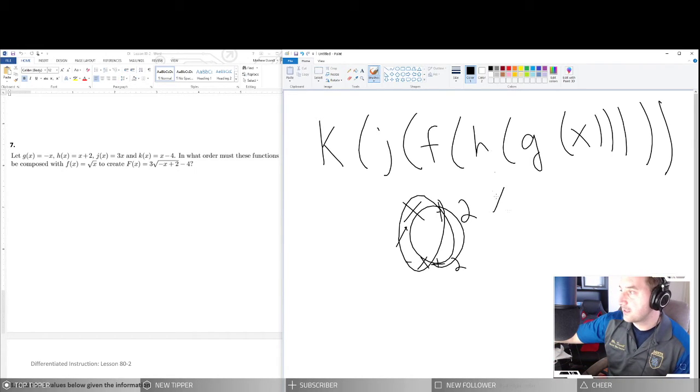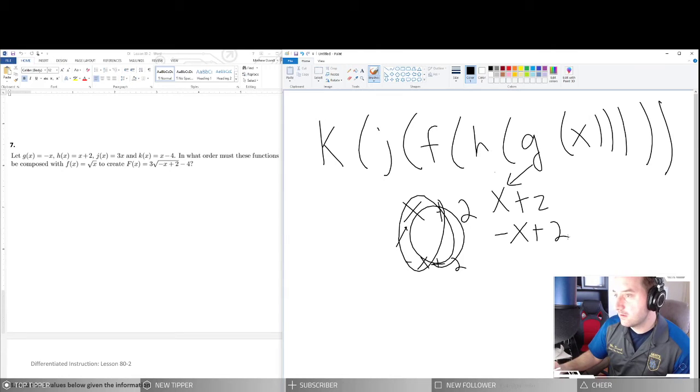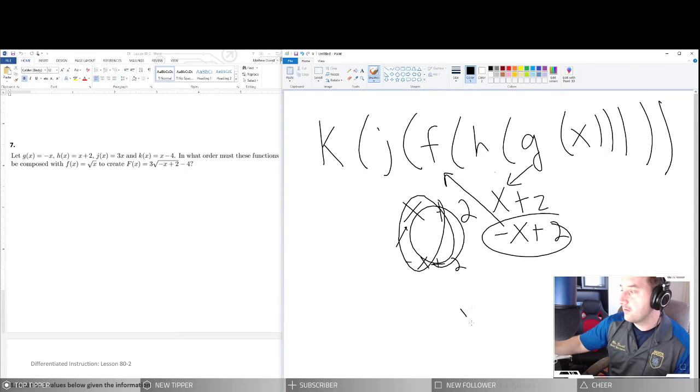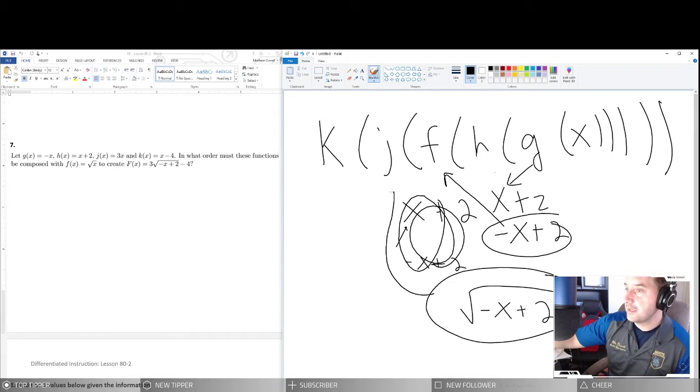So I have this x plus 2, and I'm taking my g, which is negative x, and plugging it in. So I get negative x plus 2. Then I need to take that negative x plus 2, and I need to plug that into my f, which gives me the square root of negative x plus 2. Then I need to take that and plug it into my j, so I get 3 times the square root of negative x plus 2.